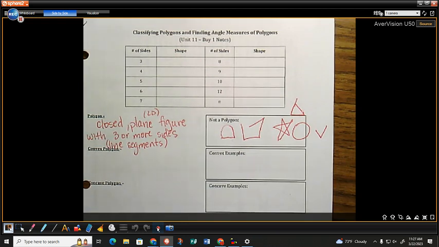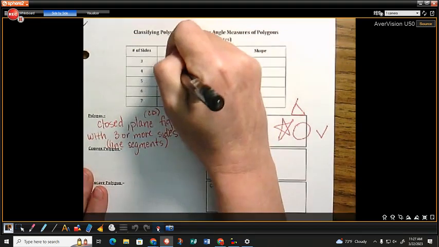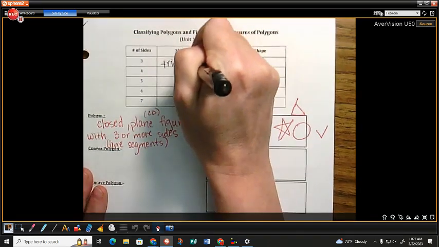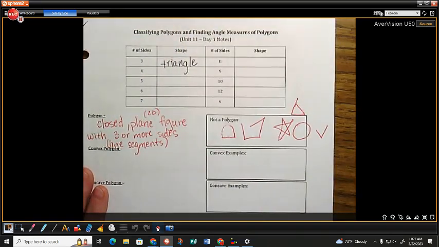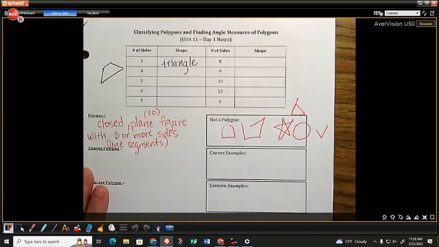Well, if you connected the points on that, that would have 7 sides. Okay, so a 3-sided polygon is called a triangle. A 4-sided shape, but a rectangle has 4 sides, but this is not a rectangle.